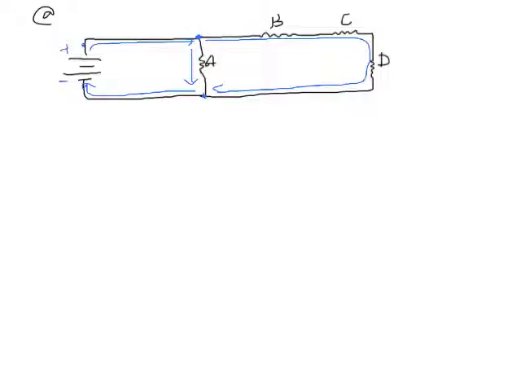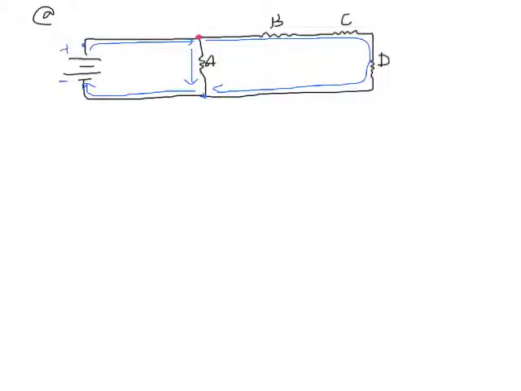Based on that, you should have an idea that we have two branches here. We have a branch that includes A, and then we have a branch that includes B, C, and D. So these two branches are going to be parallel to each other. However, B, C, and D are not parallel among themselves. Let's think about if our starting point was here.